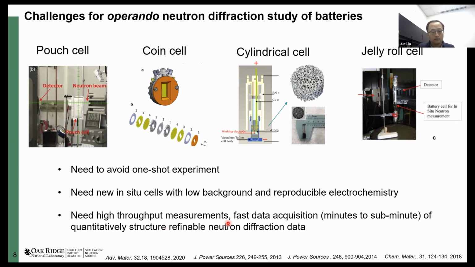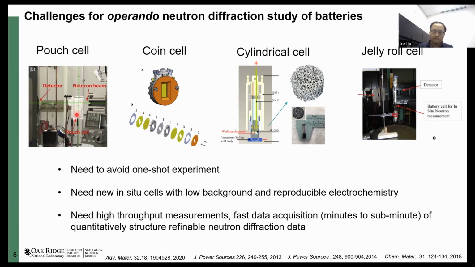You can see here some of the reported cell configurations that have been used in the literature. They have been tested both on constant wavelength diffractometers and on spallation source-based diffractometers, or time-of-flight instruments.